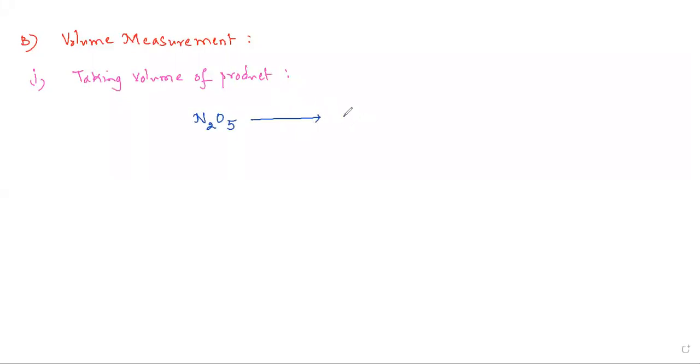Same first order reaction carried out in a solvent, CCl4. Now, as I said, we are not given anything about N2O5. No, we are not given any information about this.